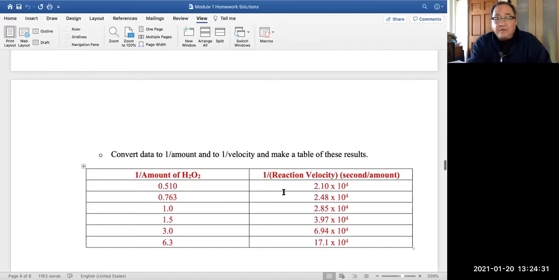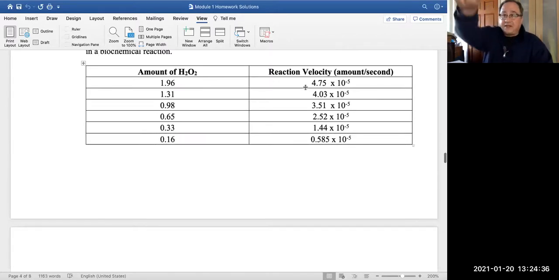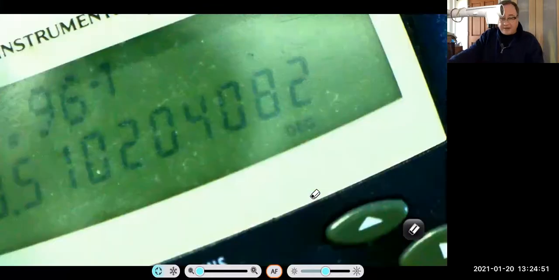Now, let's take a look at something that's a little more difficult. You see this 4.5 times 10 to the minus 5? I'm going to do a different share screen with you. Okay, so now you're looking at my calculator.